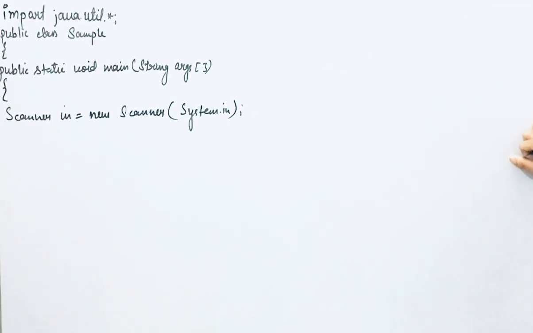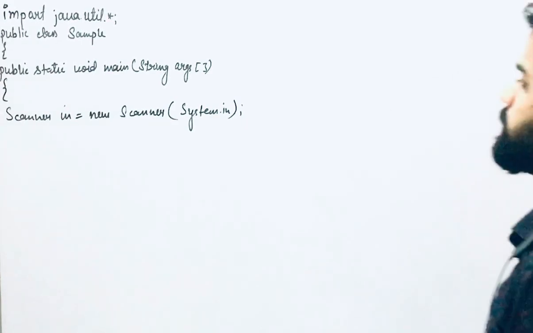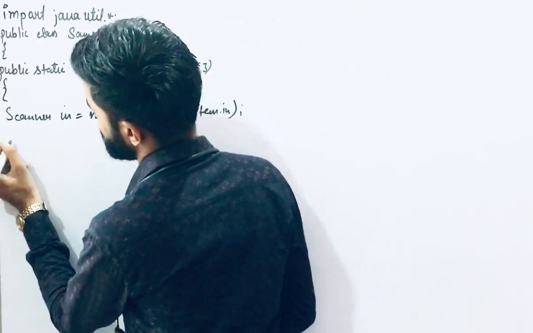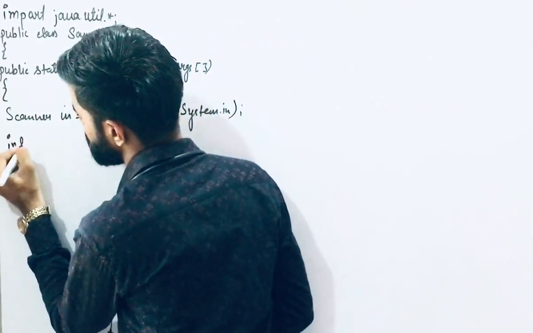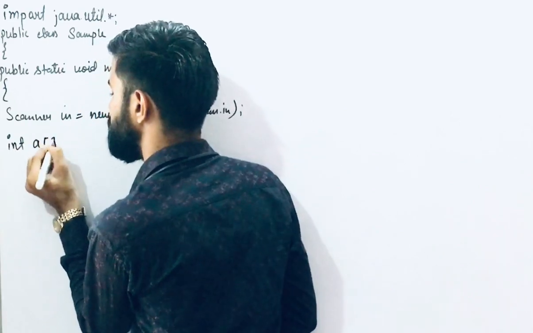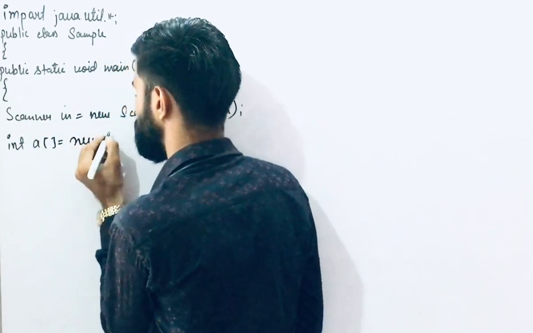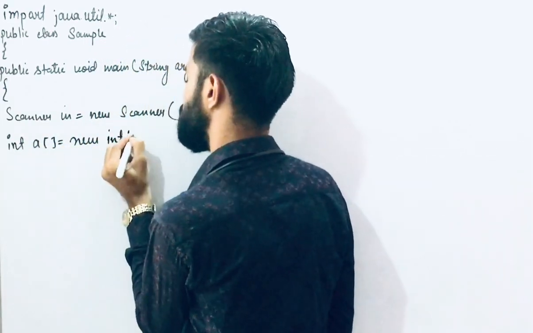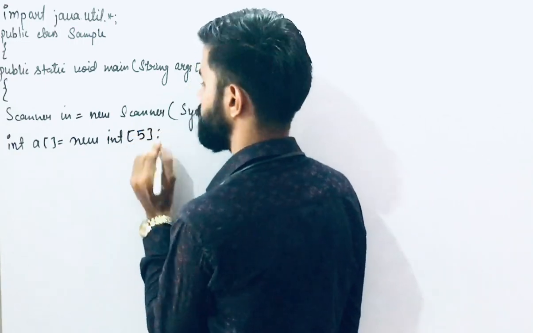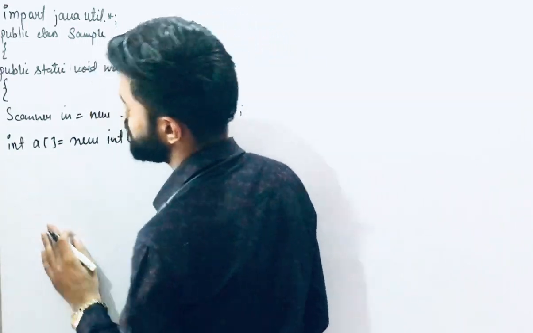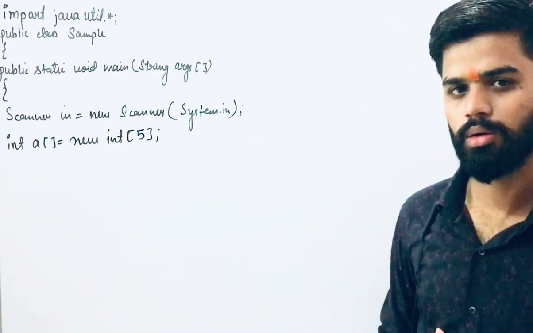Through this statement we can initialize some different variables in our program. And then first of all we create an array type variable like int a equal to new int[5]. Okay, and then what is our first task?